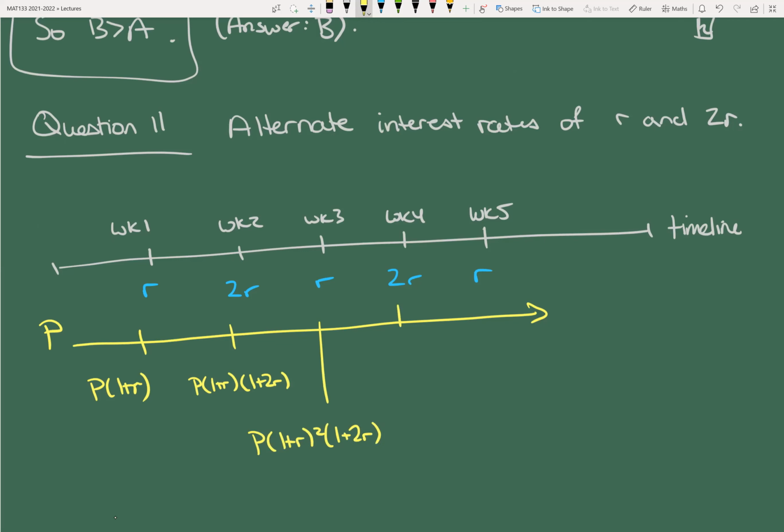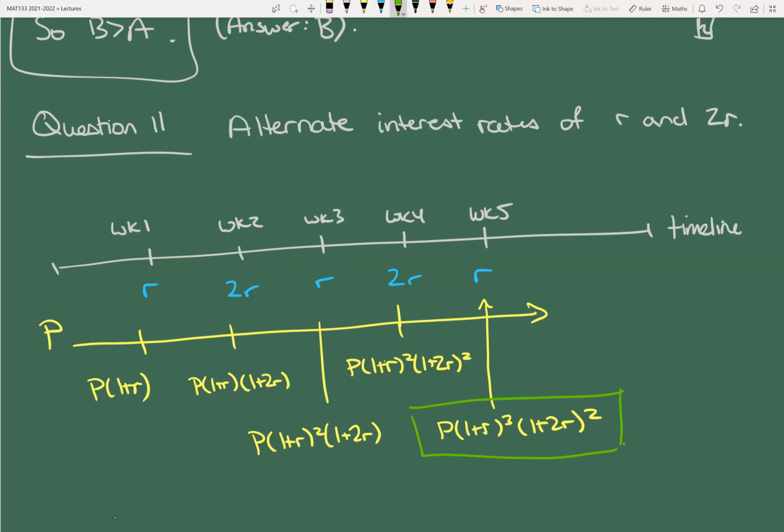And then here, I pick up another 1 plus 2R, so that becomes (1 plus R) squared times (1 plus 2R) squared. Finally, at this one, I pick up a final 1 plus R. So I get (1 plus R) cubed times (1 plus 2R) squared. We were asked for the end of 5 weeks, so there's my answer right there.